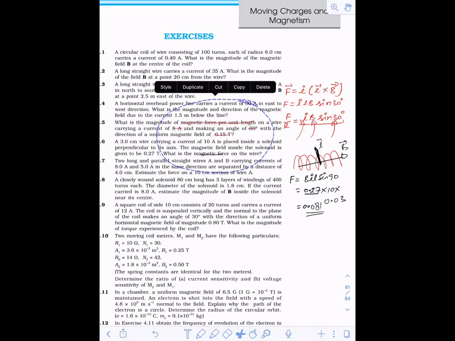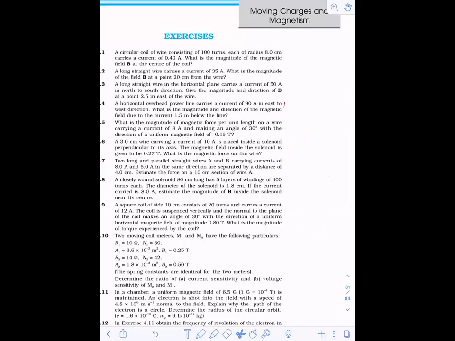Which part of the theory that we have studied is related to question number 7? Can anyone tell me?